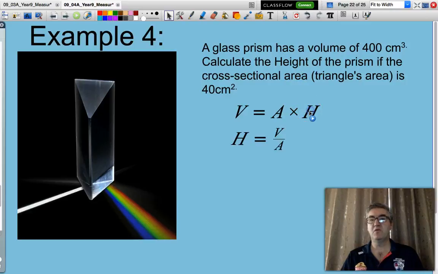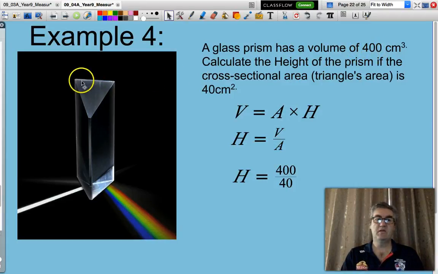So I could rearrange this formula to say that the height equals the volume divided by the area. All I have done is divided this side by A, which gets rid of that A, and this side by A. So you have been told the volume is 400 centimeters cubed in the question, and you have been told that the cross-sectional area is 40 centimeters squared.